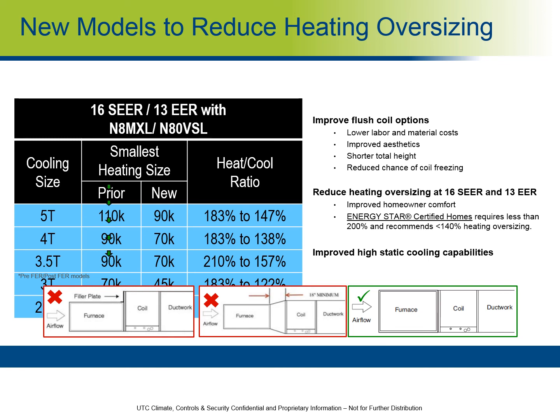You now have a 90,000 BTU furnace with a 5-ton drive, allowing the limitation of oversizing the furnaces. In the 4-ton model, you have the addition of a 70,000 BTU furnace with a 4-ton drive, and in the 3.5-ton drive, you can get up to a 70,000.